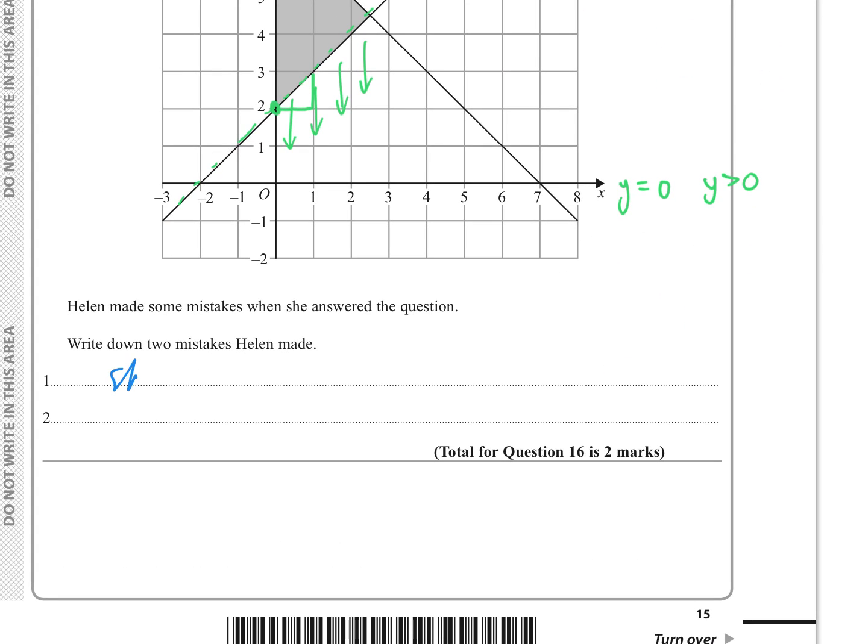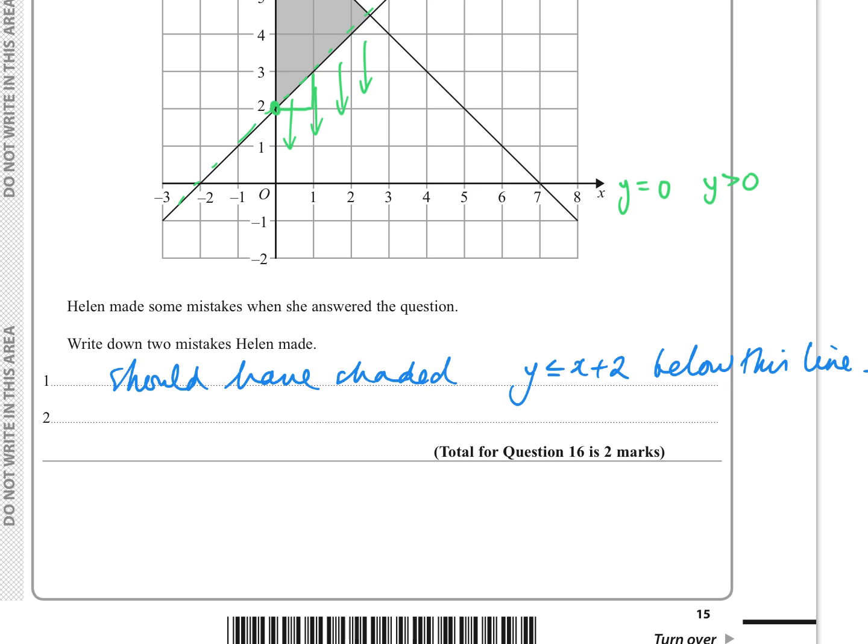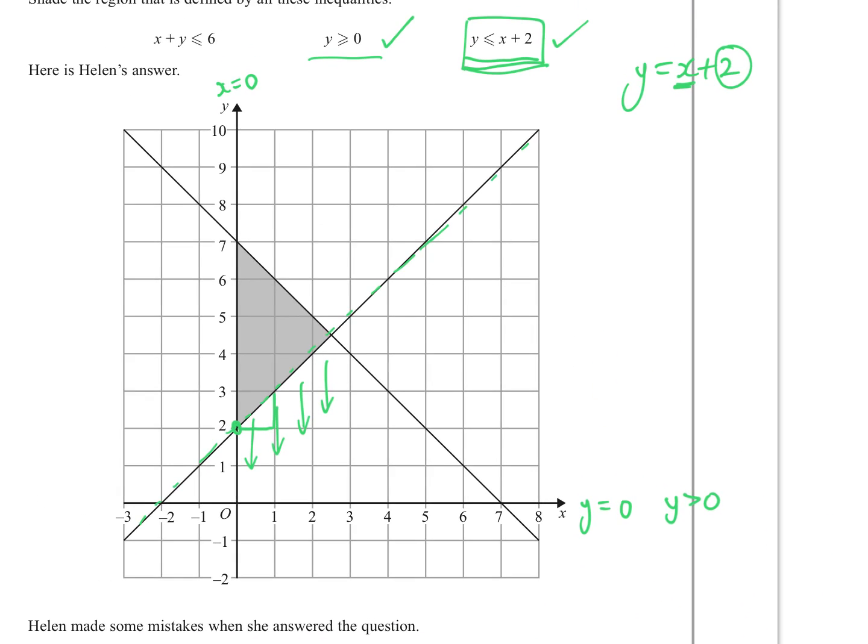She should have shaded y is less than x plus 2, i.e. should have shaded below this line. And let's have a look if there's any other errors.